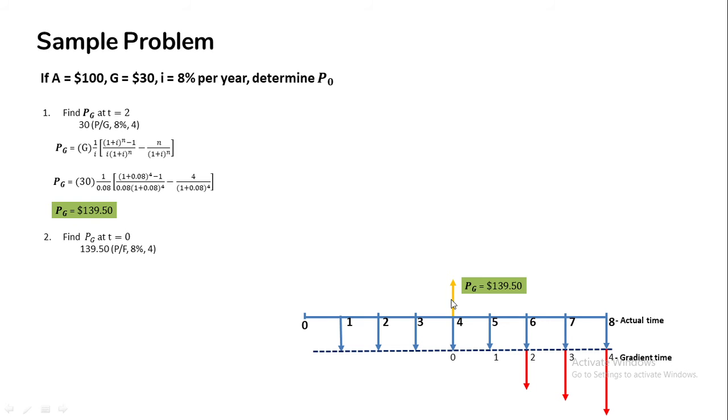And now, you should find the present worth of the gradient at t is equal to 0. So this present worth of the gradient at t is equal to 4 would become our future worth for the gradient. So we will use the PF formula.